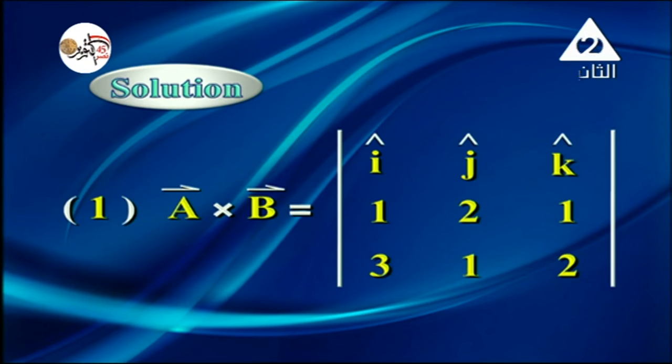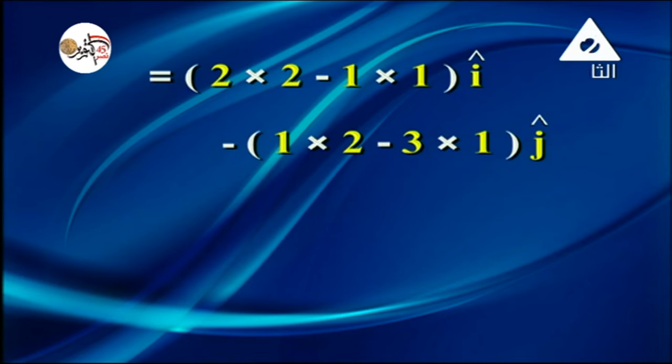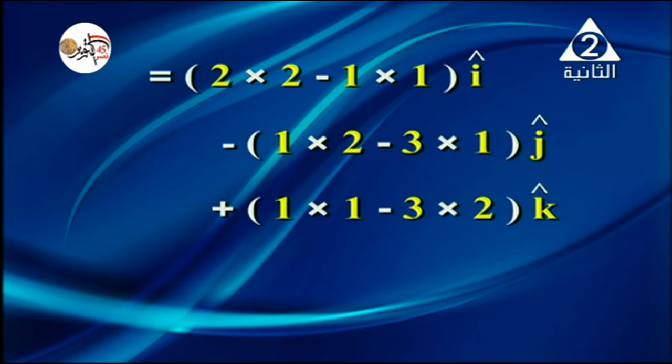Determinant i j k, first the vector a with components 1, 2, 1, then b with components 3, 1, 2. By using determinant: 2 times 2 minus 1 times 1 in the i vector, minus inside bracket 1 times 2 minus 3 times 1 in the j vector, plus inside bracket 1 times 1 minus 3 times 2 in the k vector.